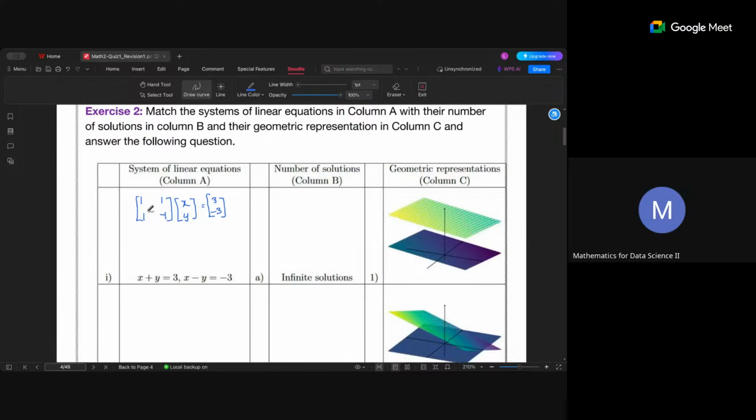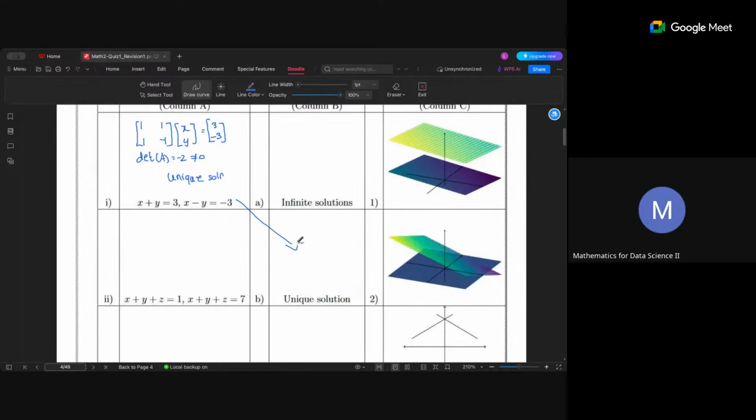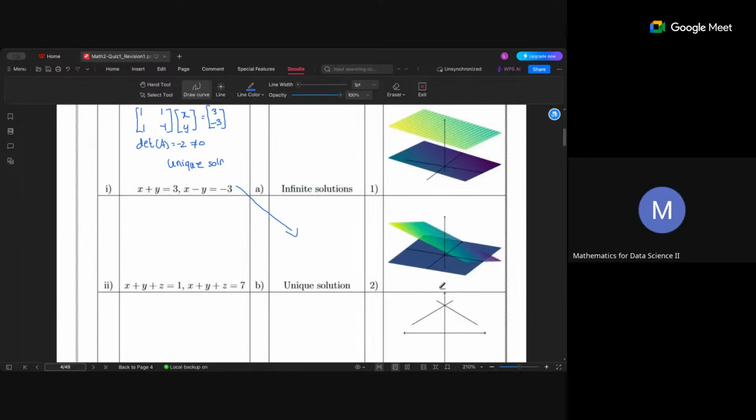What is the determinant of this matrix? Minus 2. It is non-zero, so do we have a unique solution? Yes. So we have a unique solution, and this is the case of two equations with a unique solution.